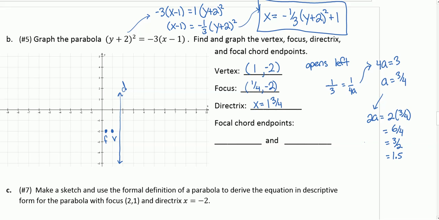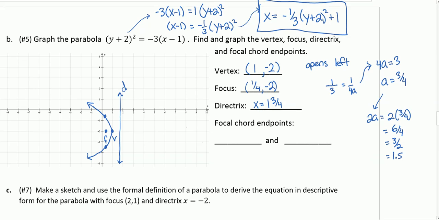So we're going to go 1.5 above and below the focus, because these are going to be lined up with the focus. So 1.5 above the focus, 1.5 below the focus. And our parabola is going to go through those points. They just kind of give you a sense of how wide this parabola is. Focal chord endpoints always line up with your focus.